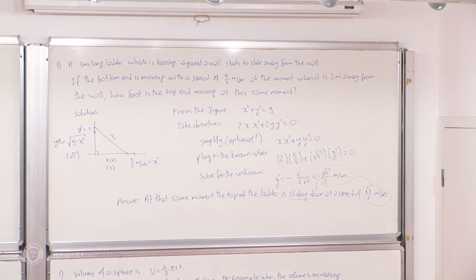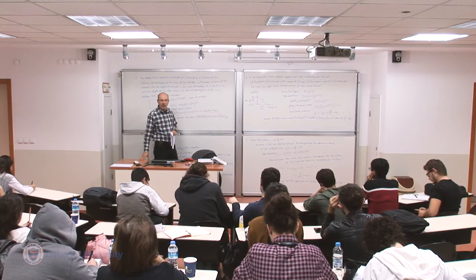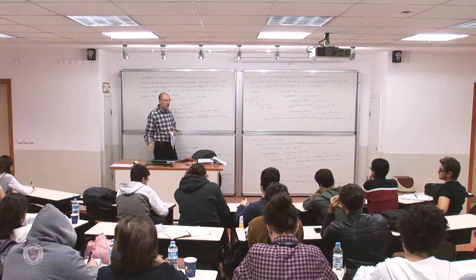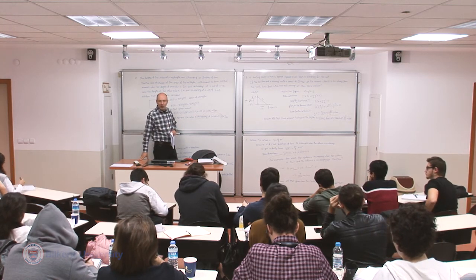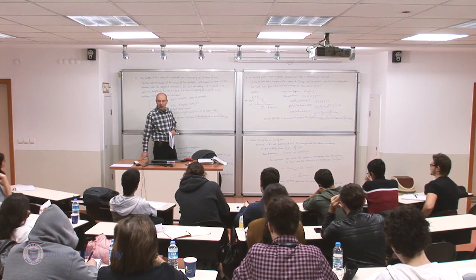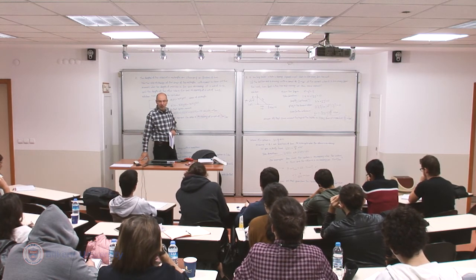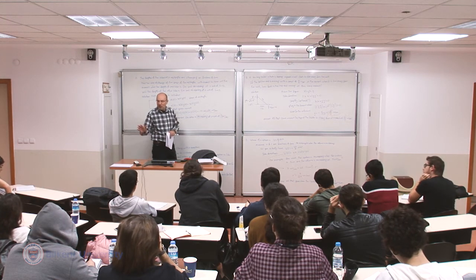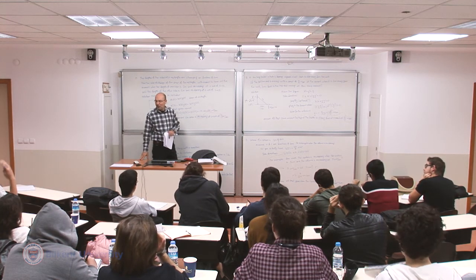From engineer to engineer, scientist to scientist, you can say that the top of the ladder is moving at the rate of minus square root 5 over 2, and everybody understands. But normally, when you are writing a report or explaining it to a customer, someone with lots of money who will sponsor your project, now you have to explain everything in detail.